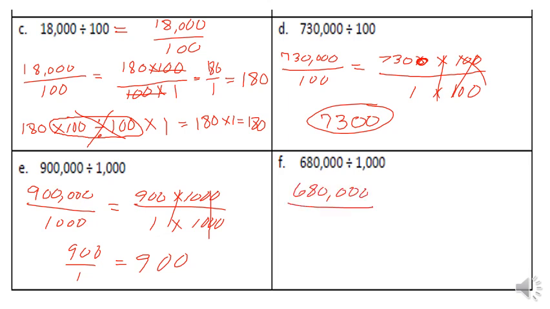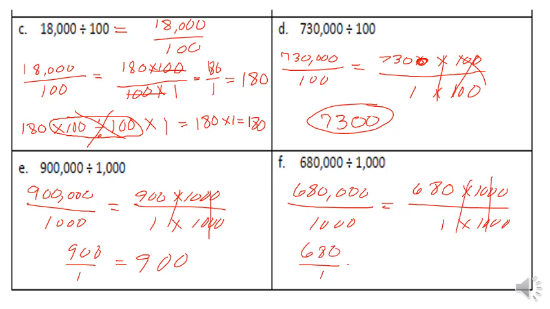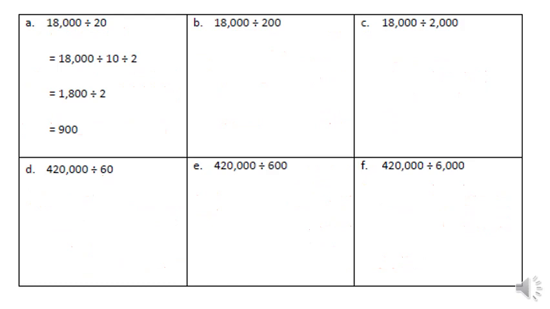On F, 680,000 over 1,000. So we're going to take the 1,000 out of 680,000, decode it. So we're going to have 680 times 1,000 over 1 times 1,000. Line out the common factors, and now we have 680 over 1, which equals 680.